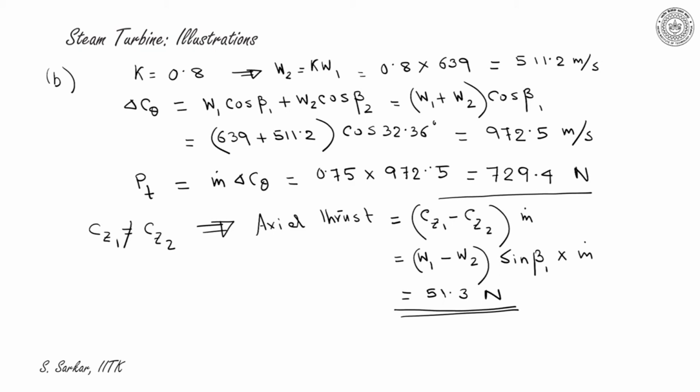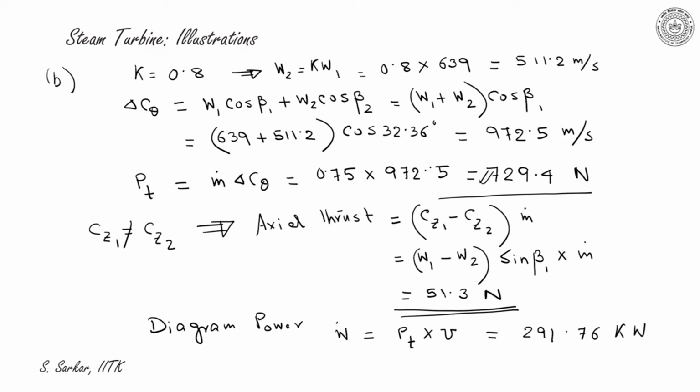Now, what will be the diagram power? Diagram power, which I denoted as W dot, is equal to PT, tangential force, into U. If you solve this, you know the tangential force, you know the value of U, so you will get 291.76 kilowatt.